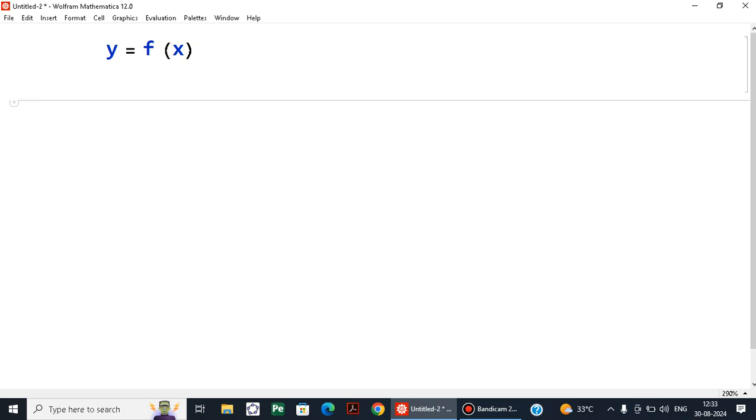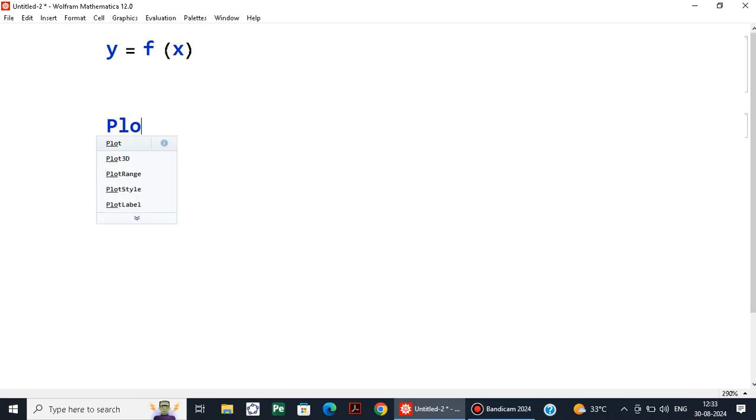As we know, there must be some syntax to draw this type of graph, and the syntax will be Plot[f[x], {x, x1, x2}], where f(x) is a given function and x1 and x2 will be the minimum and maximum values on the x-axis for which you want to show this graph.